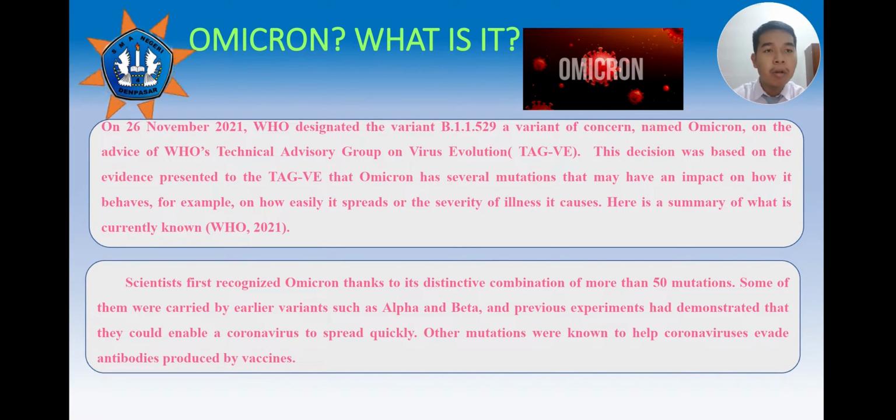Previous experiments had demonstrated that they could enable a coronavirus to spread quickly. Other mutations were known to help coronavirus evade antibodies produced by vaccination. So that is the simple explanation of the Omicron variant.